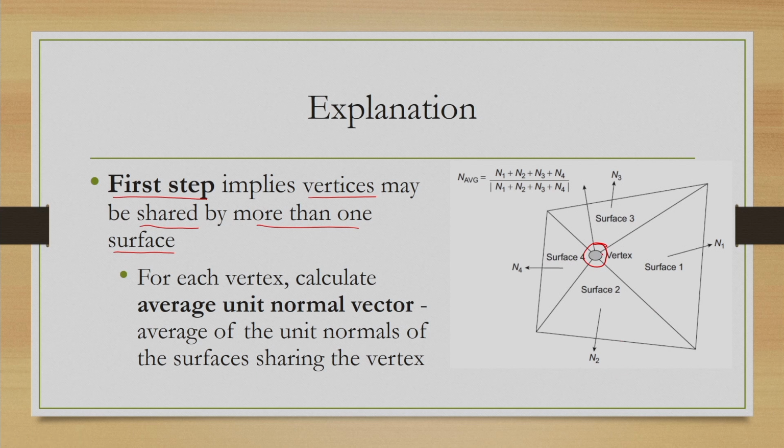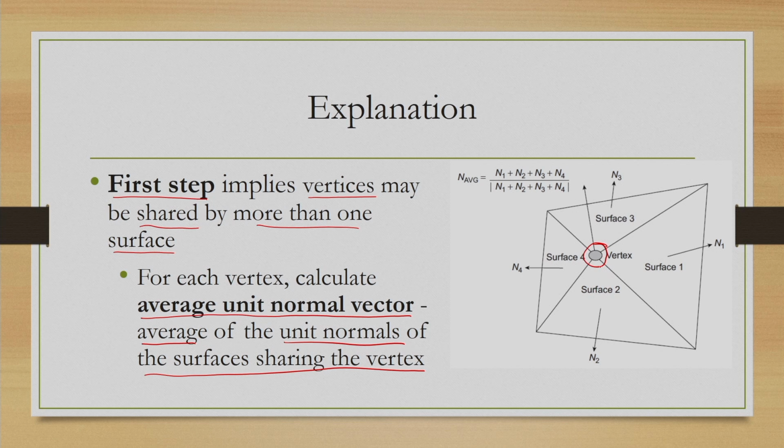So, in that case, when we are trying to compute color at this vertex, which surface normal should I use? So, there is a confusion. In order to avoid that, Gouraud shading tells us to compute the average unit normal vector.